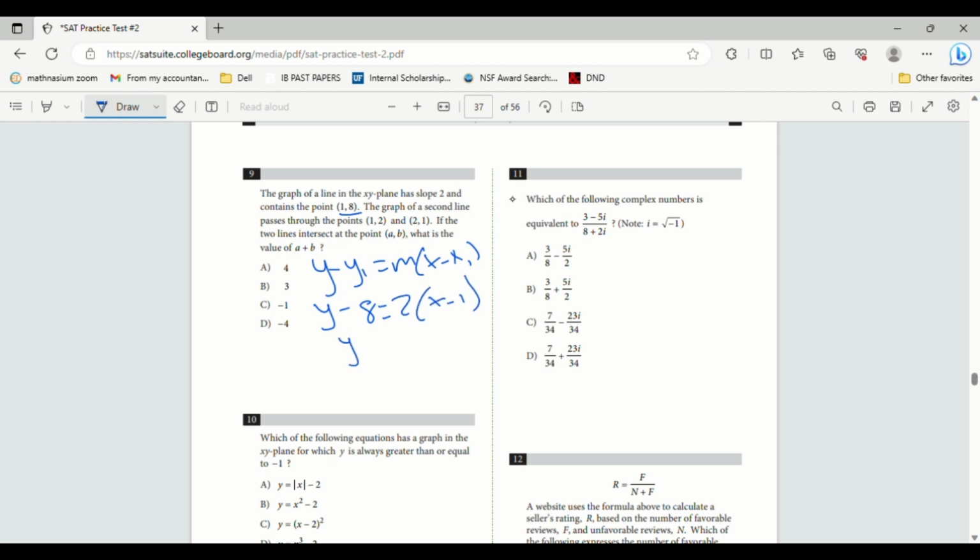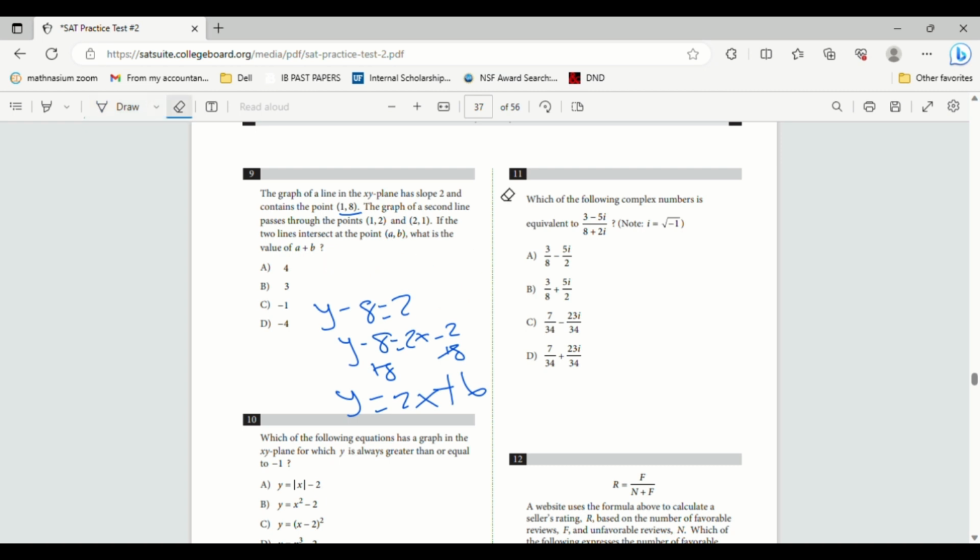Y minus 8 equals 2x minus 2, plus 8 on both sides. We get y equals 2x plus 6. So that was the equation of the first line.